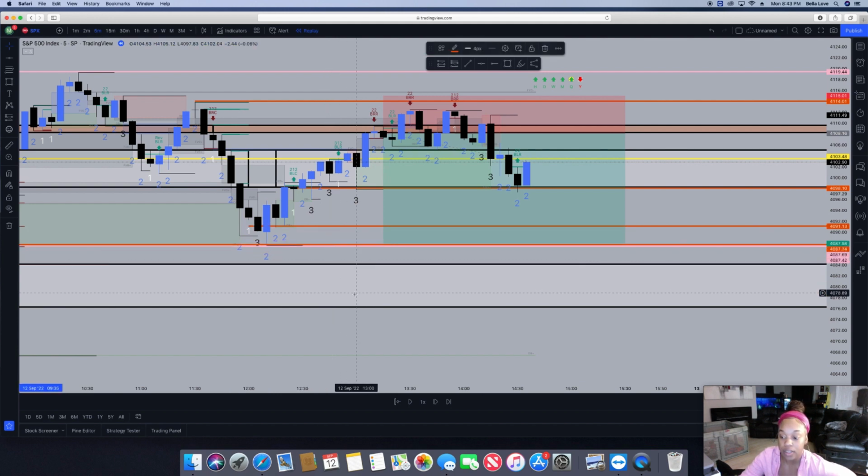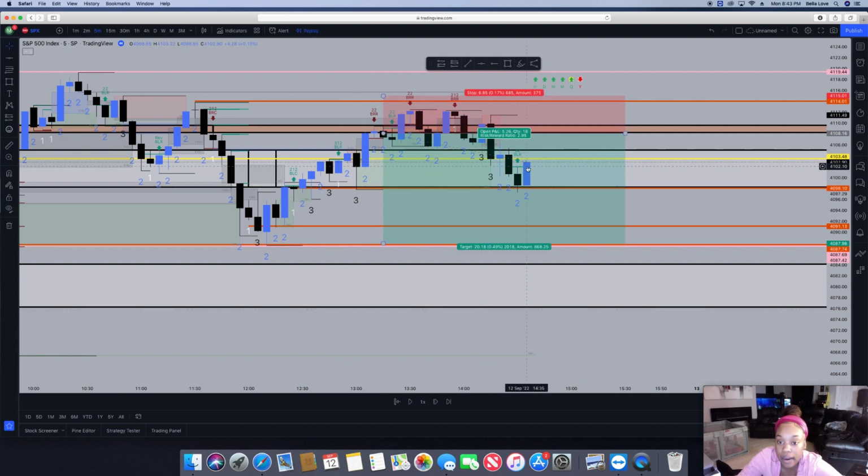Sorry, you guys will see when I add the proof, because I did screenshot it before and after on how my trade played out today. It went to where I thought it was going to go, but when it broke this 2 right here, I eventually cut it. You guys will see when I add my receipts on the trade that I took today.